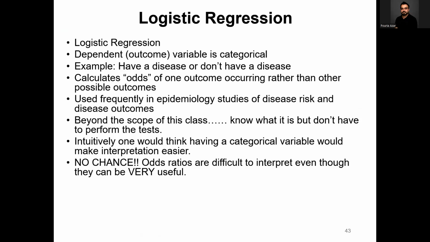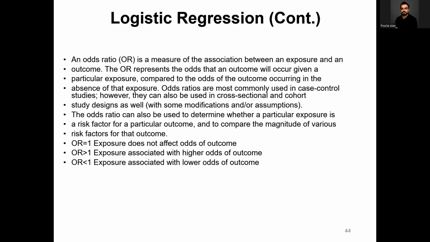And in logistic regression, instead of having beta coefficients, we have odds ratio. And sometimes it is hard to interpret the odds ratio. Since this is beyond the scope of this class, I just want to skip this. But remember, odds ratio is around 1.